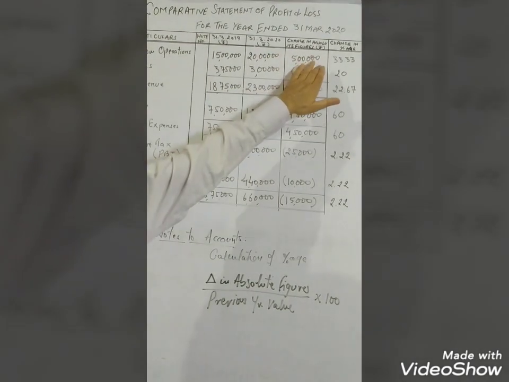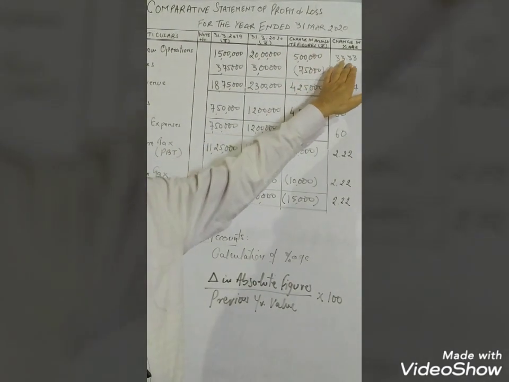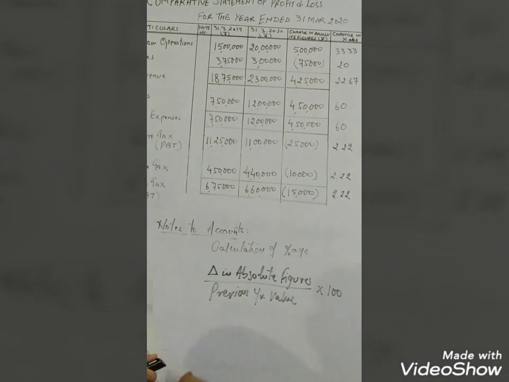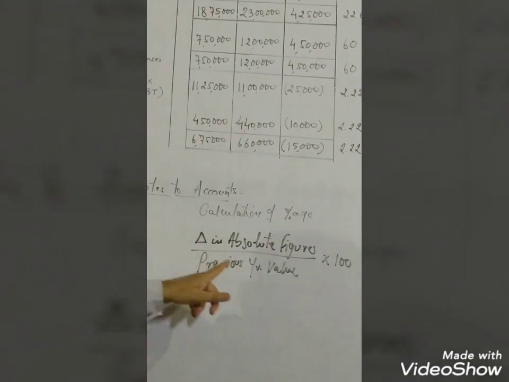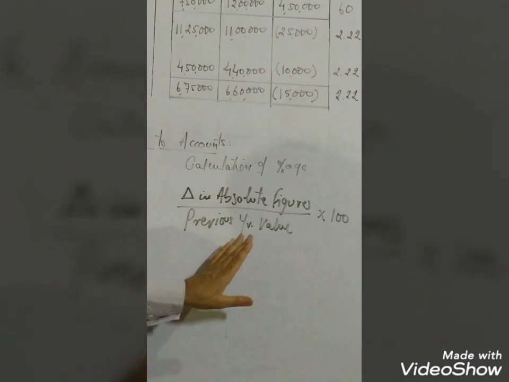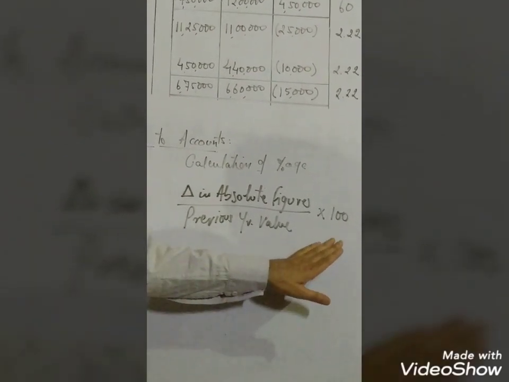Now this 5 lakh absolute change will be converted into percentage. For that the similar formula will be there: change in absolute figures divided by previous year figures multiplied by 100.